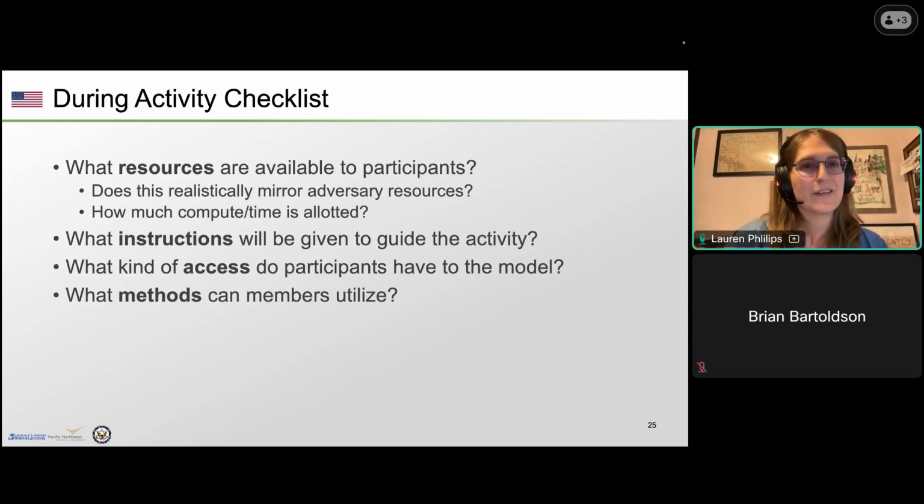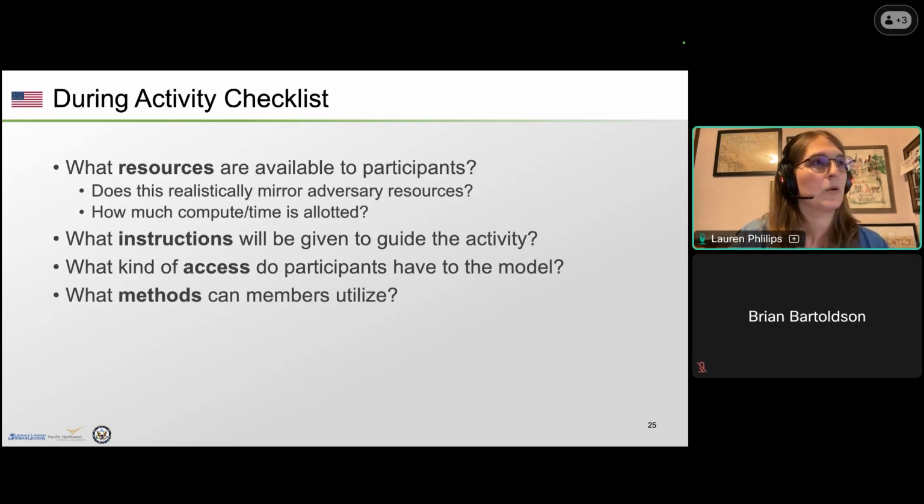Again, this is like running a human subjects experiment. The style of instructions that you give will affect how your participants behave. And so you do want to think a lot about making those instructions very clear on what success looks like, what is within bounds of the activity. What kind of access do participants have to the model?